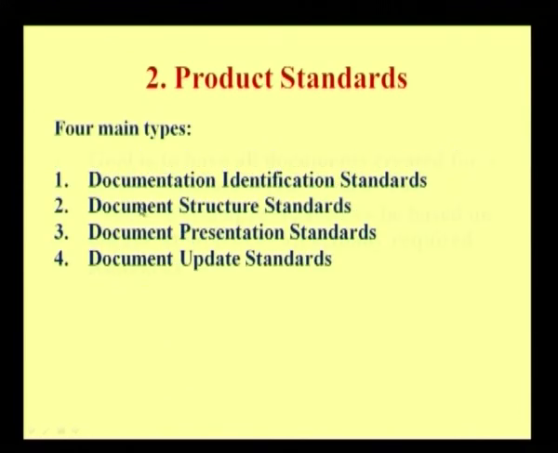So, to detail the product standards, we have documentation identification standard and structure standard, where we give a detailed list of the codes that the design engineer and the development engineer or the coder actually provided.